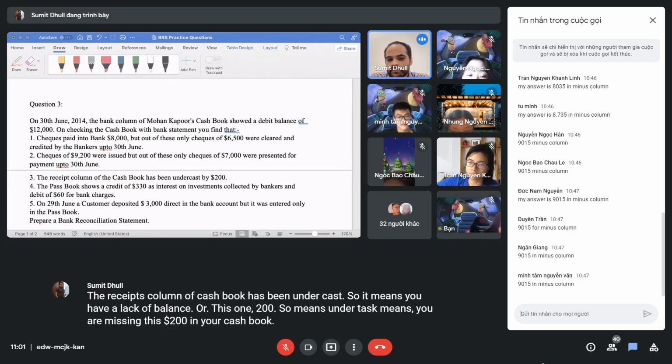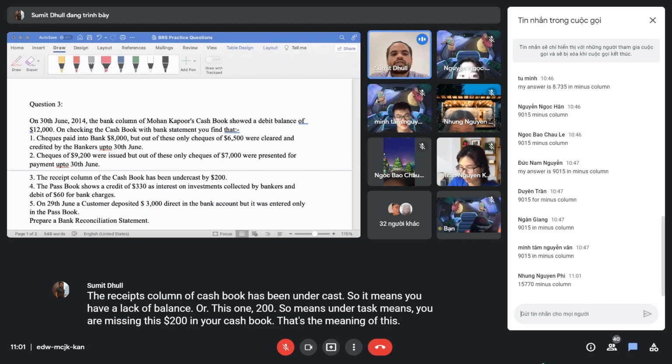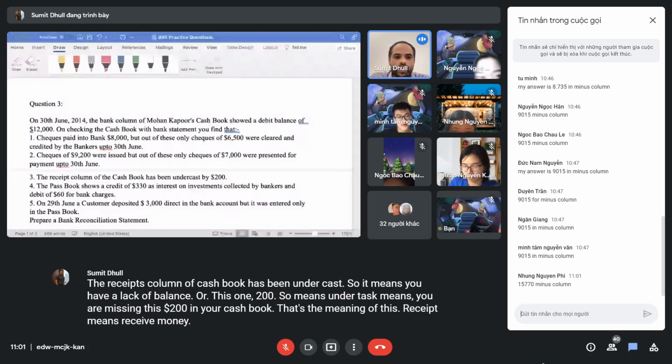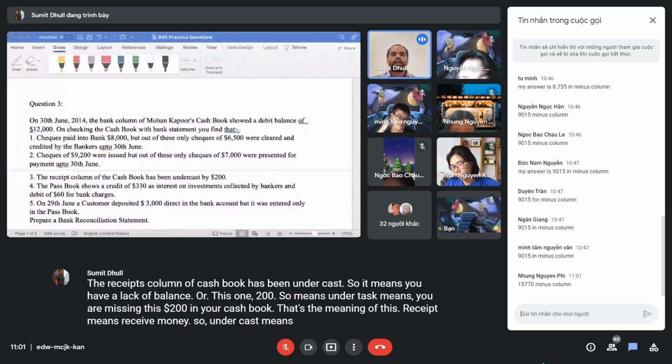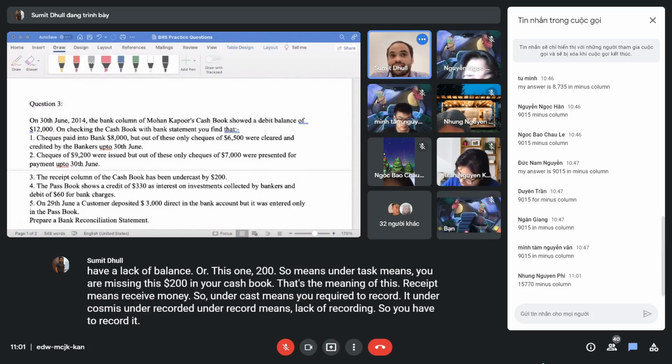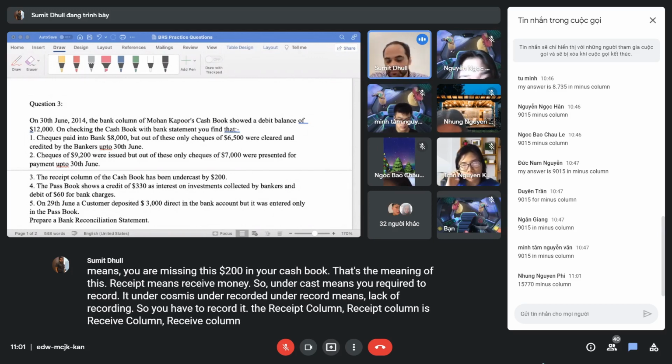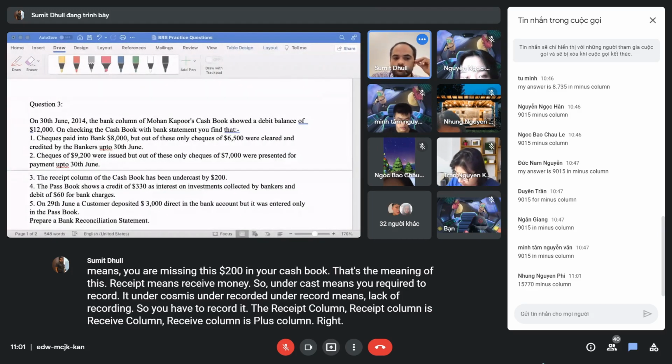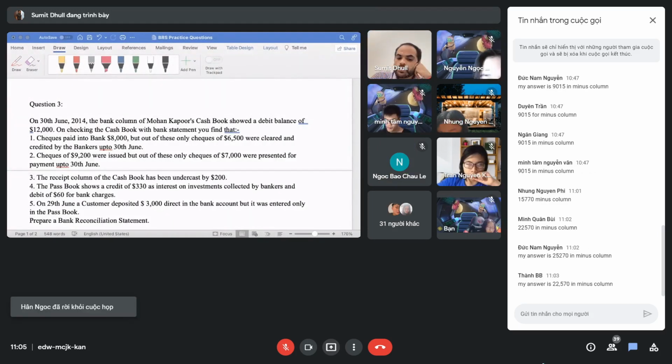Receipt means receive money, so undercast means you need to record it. Undercast means under recorded, lack of recording. So you have to record it. Receipt column is receive column, and receive column is plus column. Everybody, if you finish, please give me your answer.